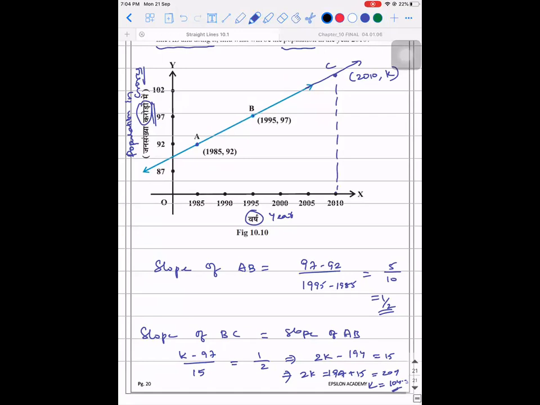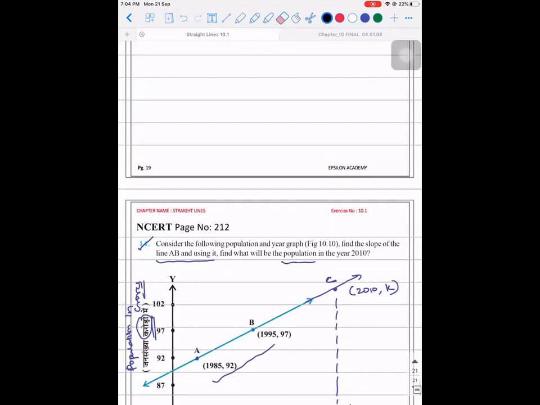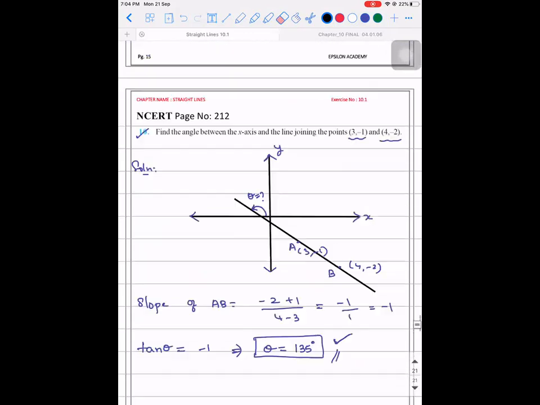So this is what is called extrapolation. Means with already existing data, you're trying to predict the future. Maybe this book would have got published before 2010. I hope things are clear now. You got a clarity of how to deal with slope. You solved almost 30 problems.